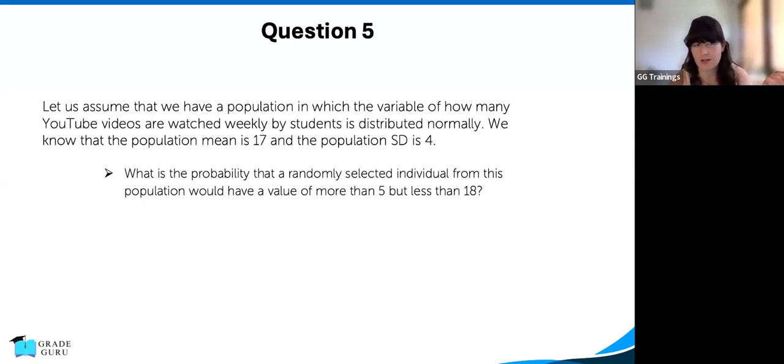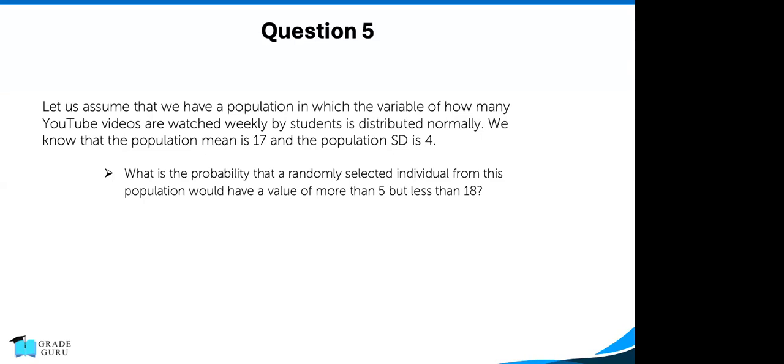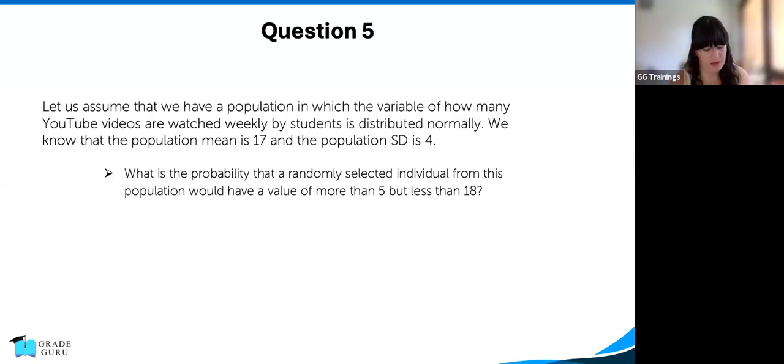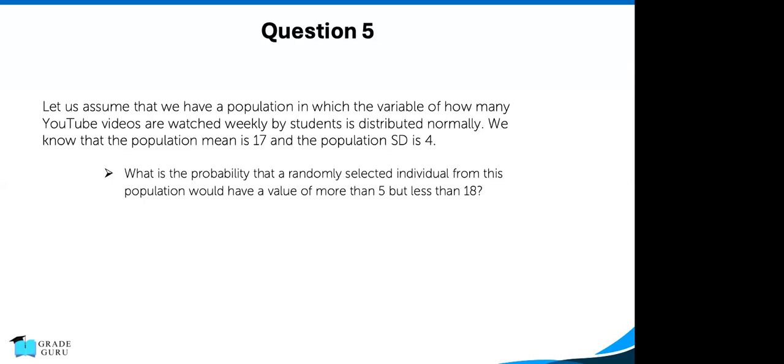I did look it up and it was 0.84. 0.84, for which one? For the Z value of 3. So maybe I looked up the values wrong in the table.